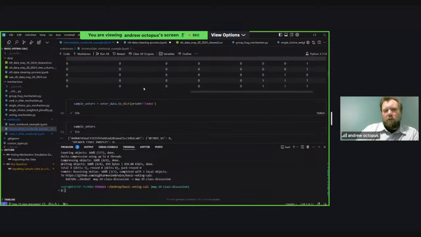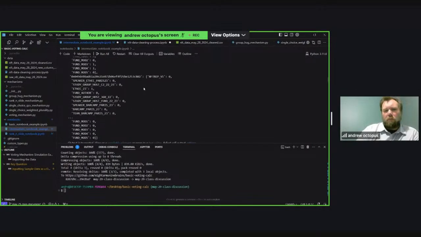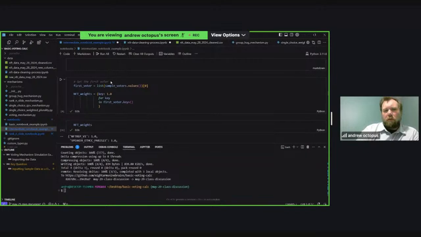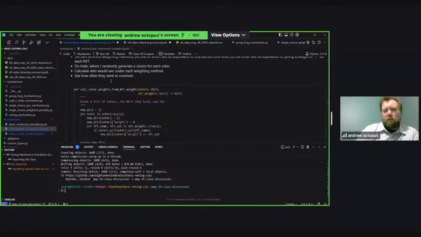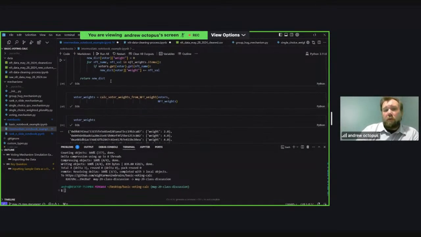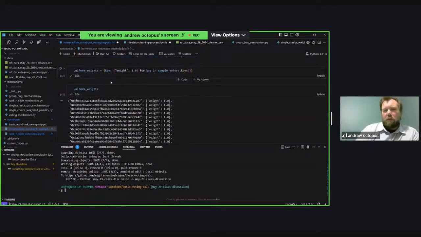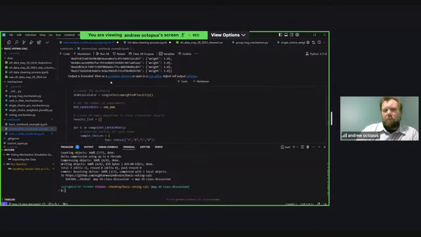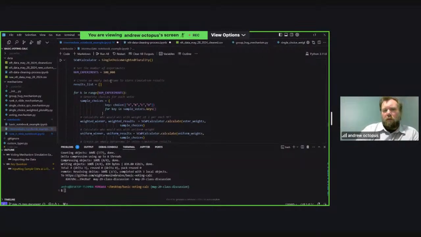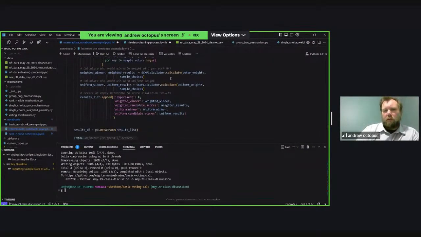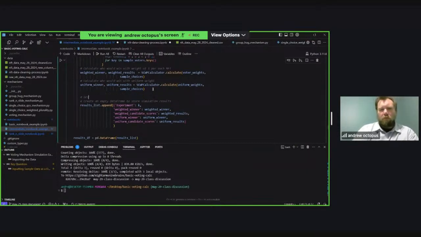Since this is a single choice mechanism, I could go ahead and throw a column on that calculates for the group hug who the group hug winner would be, based on the default group hug weights that were set. And group hug doesn't need weights per se, so let's say group hug winner.